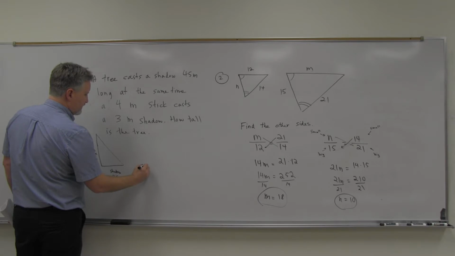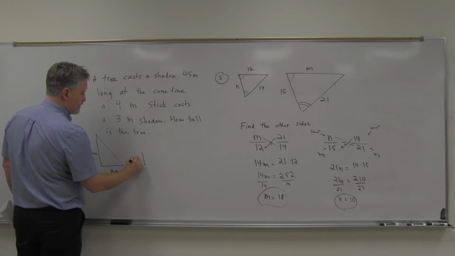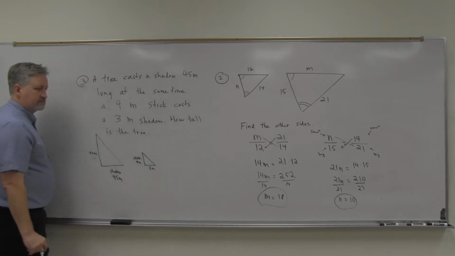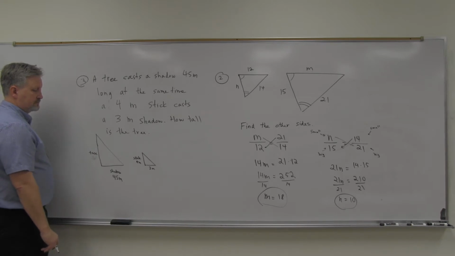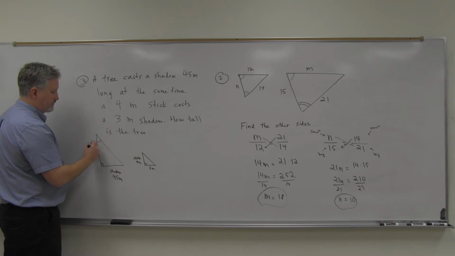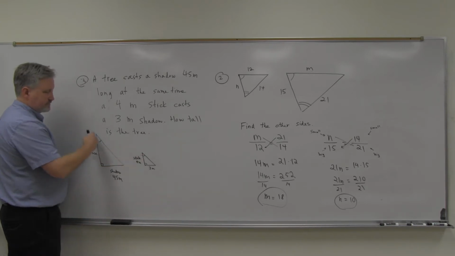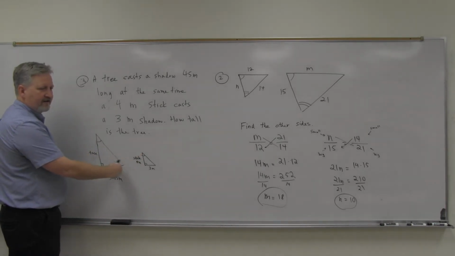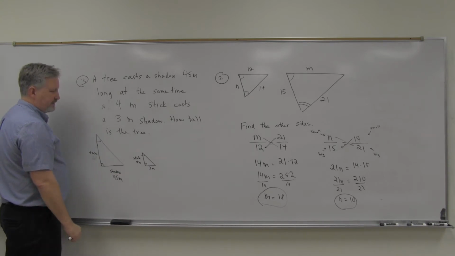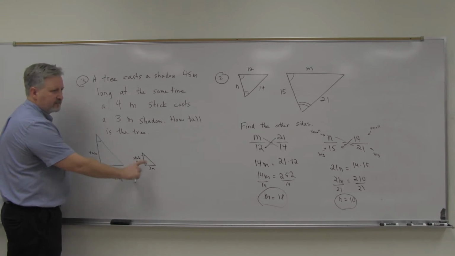And then our stick here, which we know is 4 meters, casts a 3 meter shadow. So yeah, at the same time, you've got right angles, so put them at right angles there. And then it's the same time, so the shadow angle would be the same.